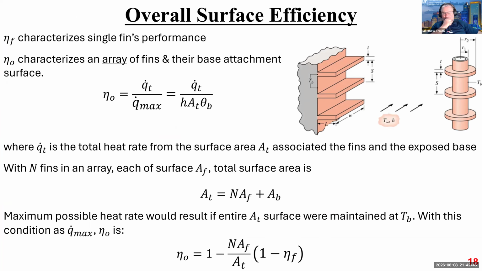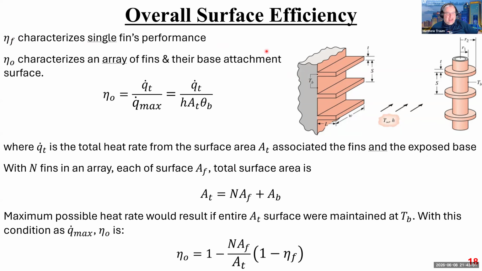Okay, so next let's talk about overall surface efficiency. So we talked about the efficiency of an individual fin. Now we want to extend, right? So I say here, eta sub f characterizes single fin performance.